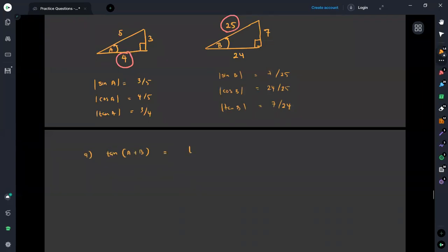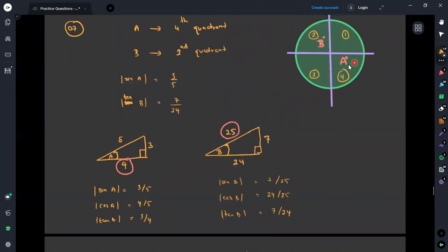It is tan A plus tan B divided by 1 minus tan A times tan B. Now we have to think about what actually this tan A is. Here we have the modulus of tan A, but we need to consider the quadrant rule as well. According to the given information, angle A is located in the fourth quadrant.